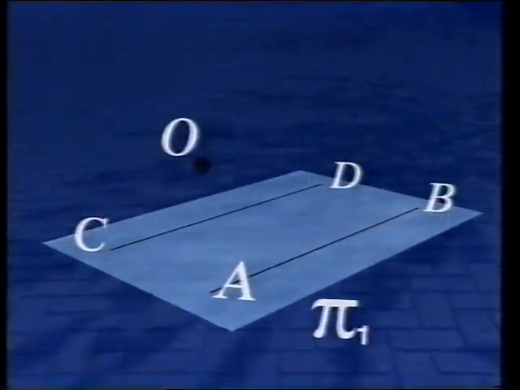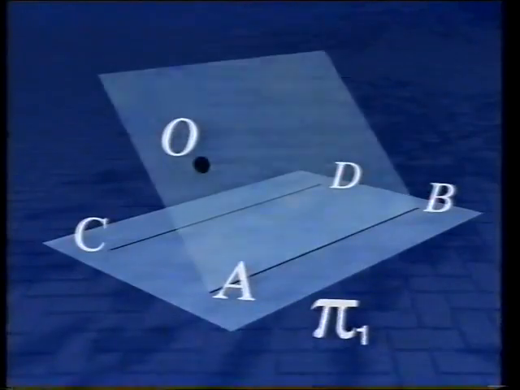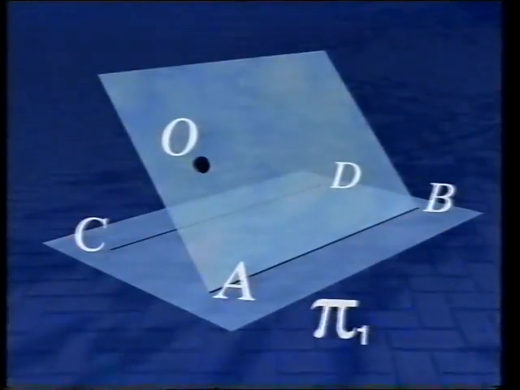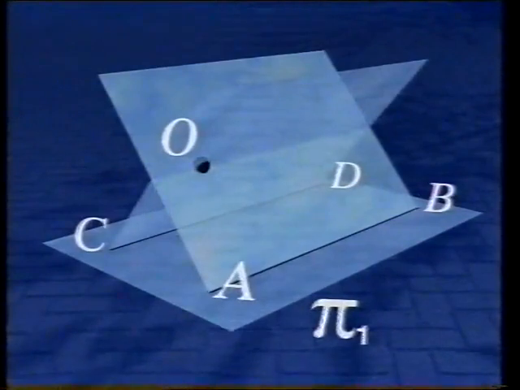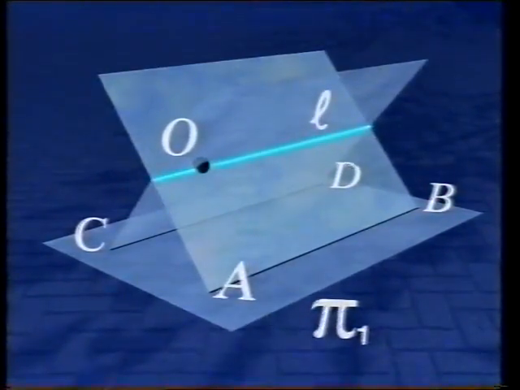We join the parallel lines AB and CD in the ground plane pi1 to the origin O, which we think of as an artist's eye. The planes OAB and OCD meet along a line L through O that is parallel to the plane pi1.